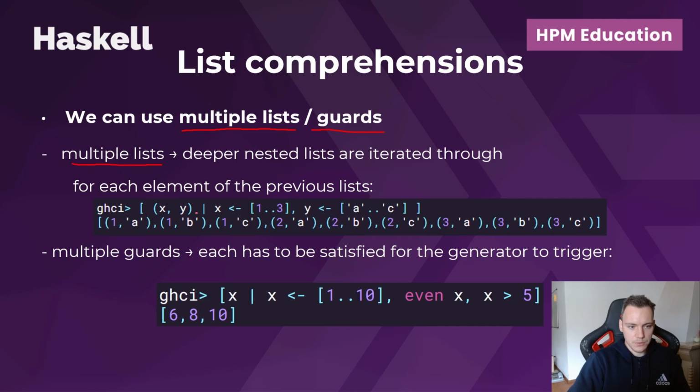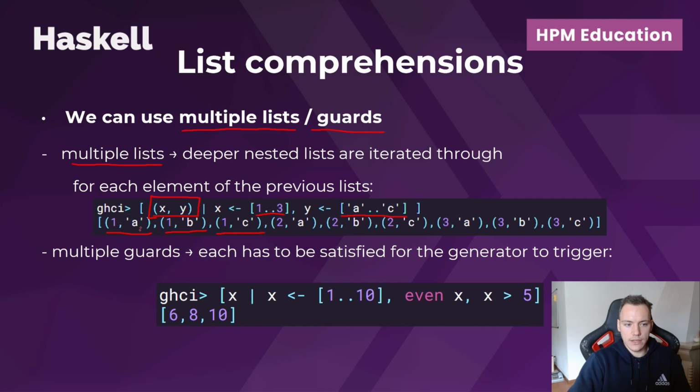To show an example here, we have a list comprehension that generates a tuple value, x and y, where x is taken from the first list 1, 2, 3, and y is taken from the second list from A to C, so ABC. And we can see that in the result, the first three elements of the new list all have the same x value, 1, right?